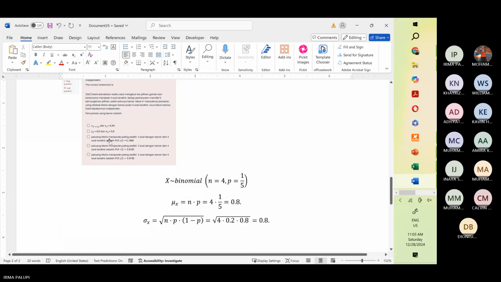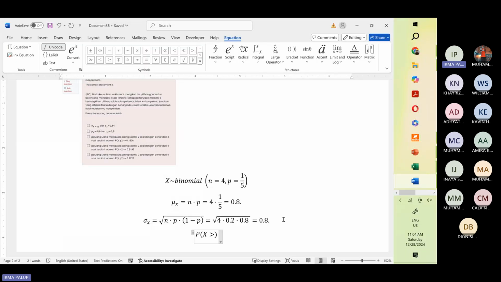No English question here, that's fine. The probability Maria answers at least 2 correctly. So that's the probability of X greater than or equal to 2, which is 1 minus P of X less than 2. But since it's discrete, it's less than or equal to 1.